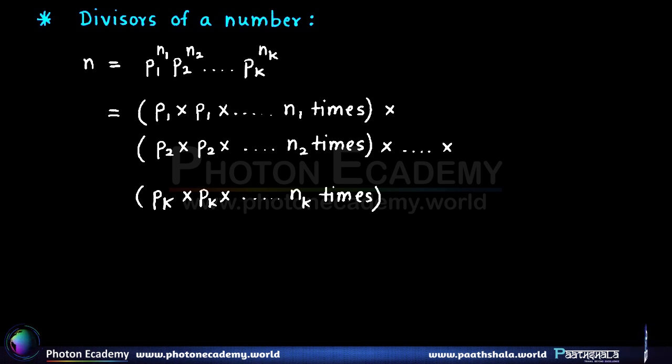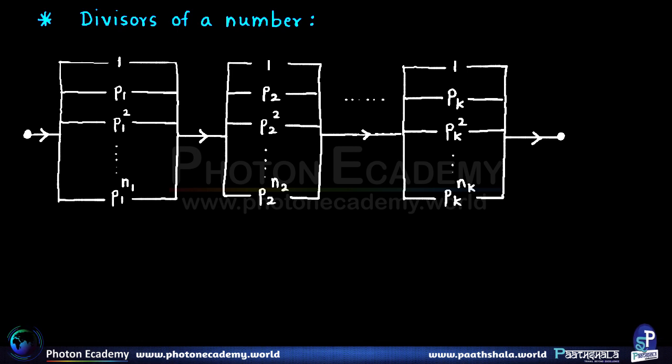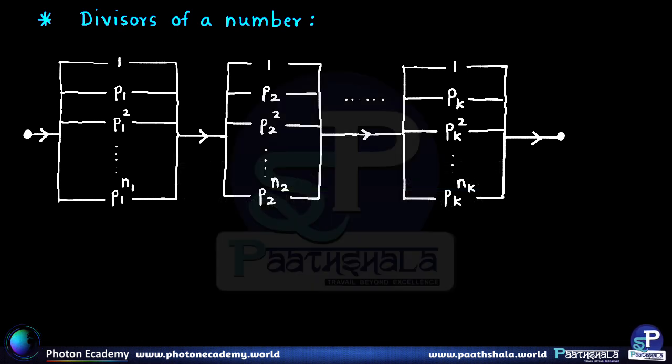There is another way to visualize this. Think of a flow diagram in which we have to travel from the leftmost point, say A, to the rightmost point B, and while traveling we have to cover the prime factors.